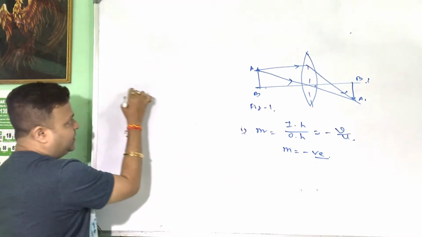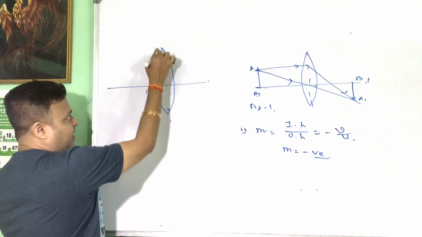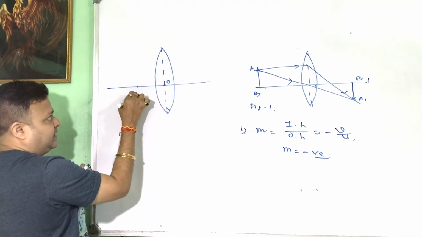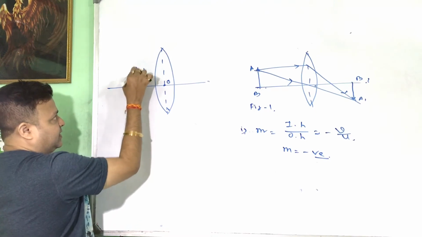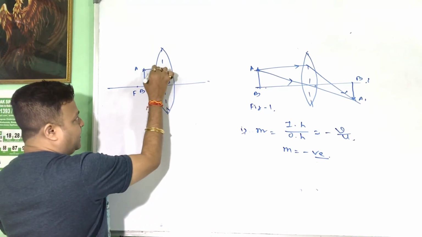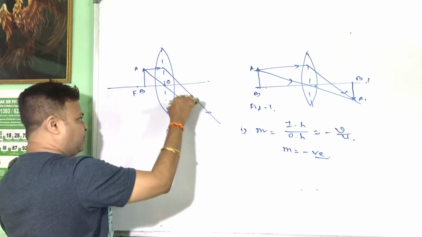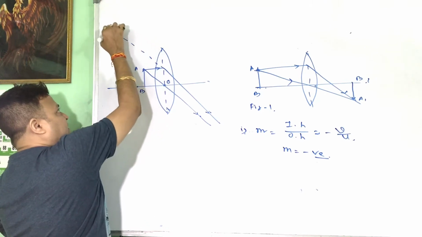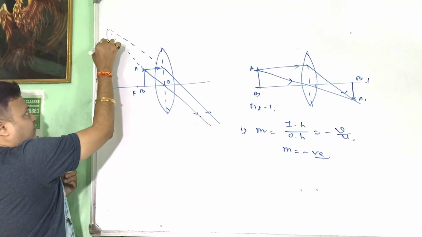If the virtual image is formed, if the object is placed between optical center and focus, that is the condition for virtual image. AB is the object. Extend backward and see; this is the magnifying glass.